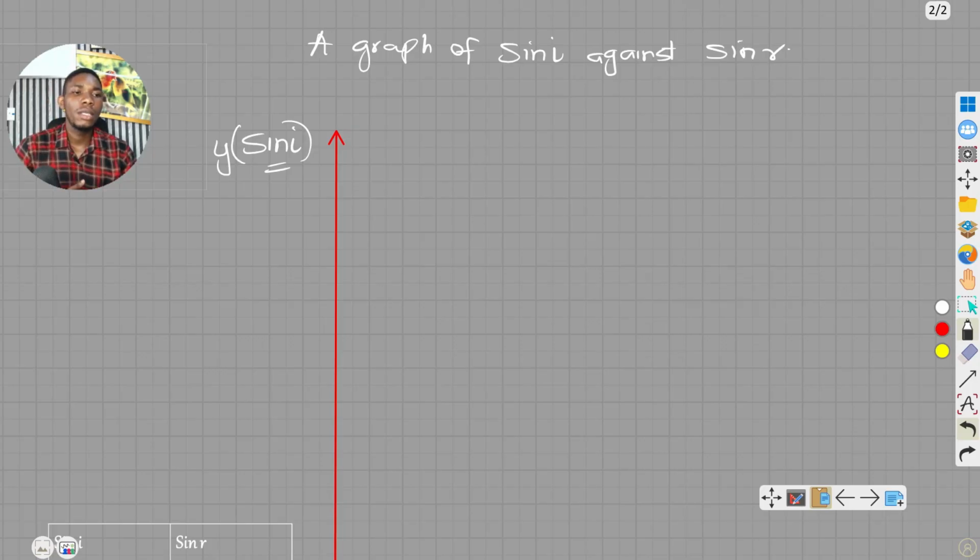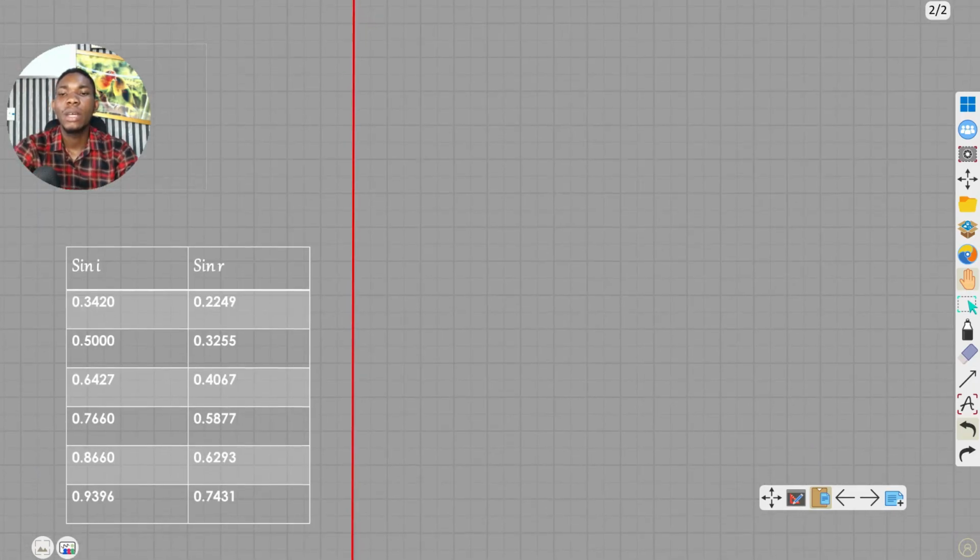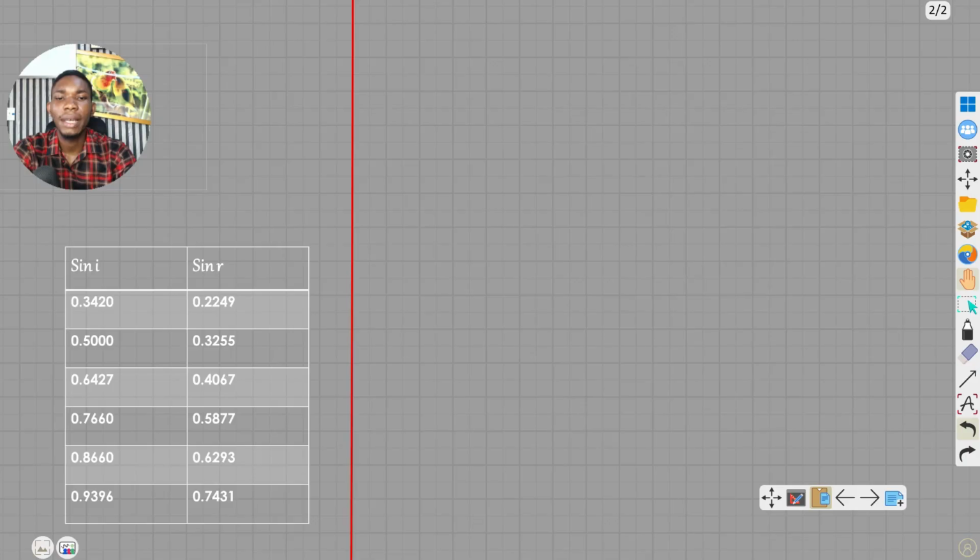Now, have we done this? The next thing we need to do now is to choose a suitable scale for our work. Sine i started with 0.3 and ended with 0.9.